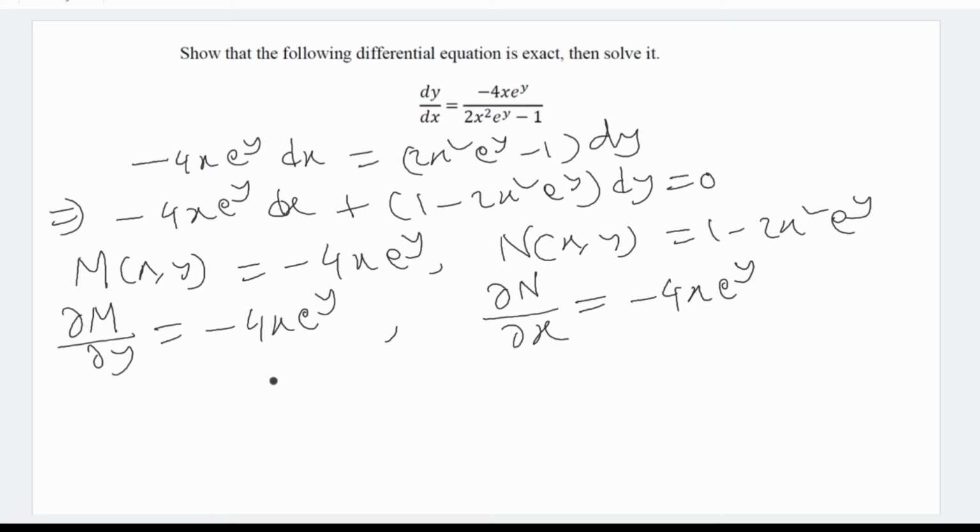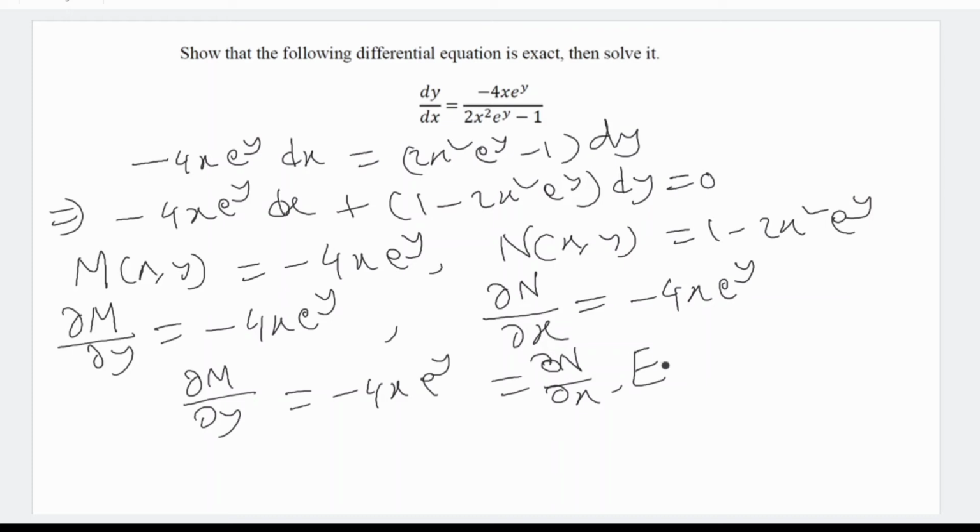So we can see that del M del y is equal to minus 4x e power y, which is equal to del N del x. So the equation is exact. So next we will solve this exact equation.